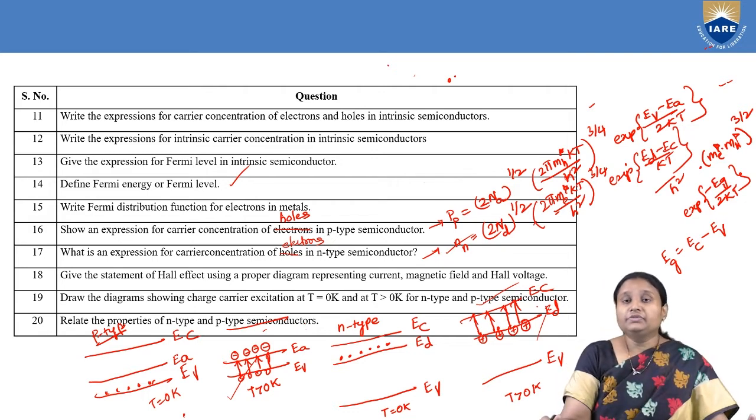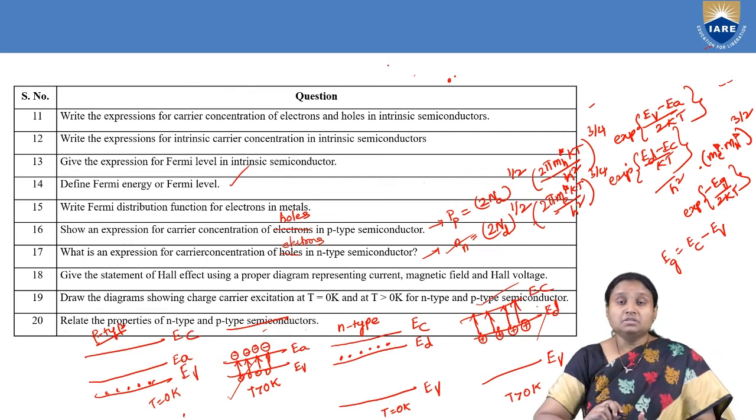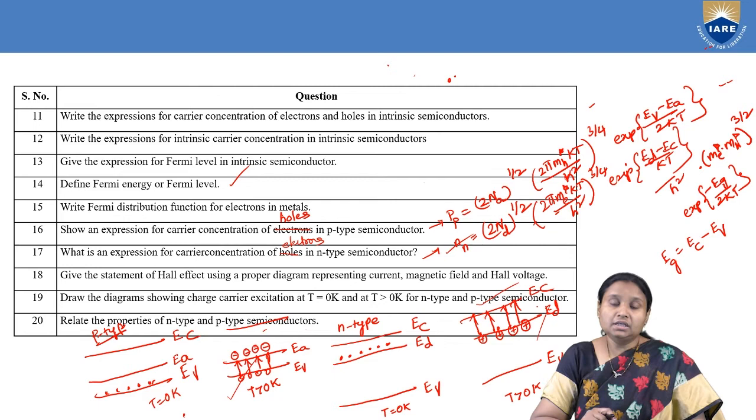So when we are trying to figure out properties, the first point we have to talk about is doping. In N-type, we dope them with pentavalent impurities which belong to group 5. And in P-type, we dope them with trivalent impurities which belong to third group elements. And the second thing is, in N-type semiconductors the majority charge carriers are electrons, whereas in P-type semiconductors the majority charge carriers are holes.